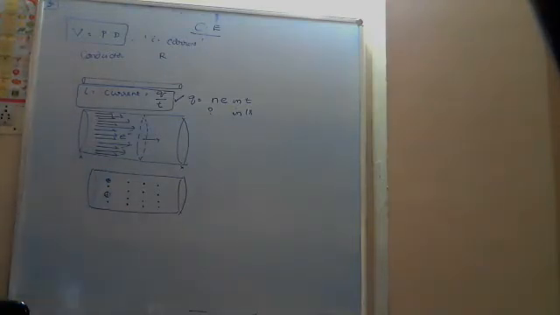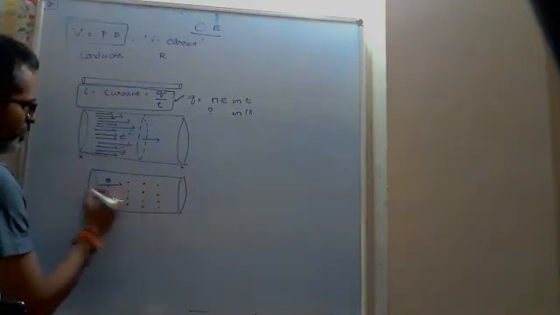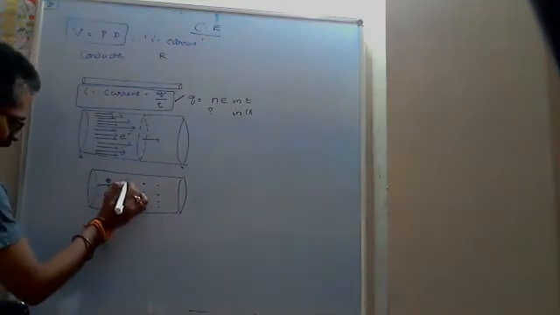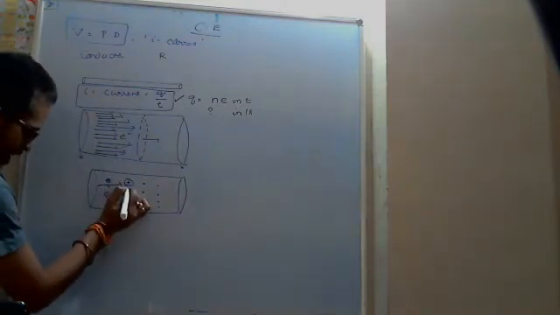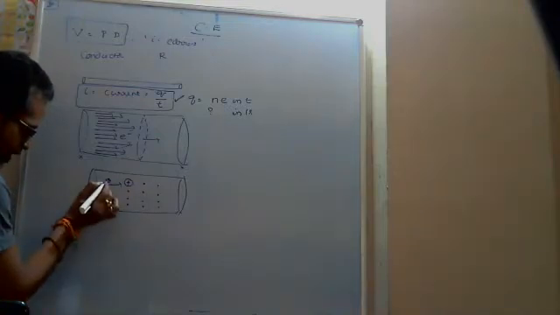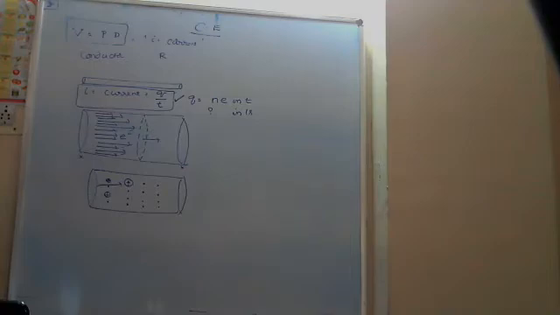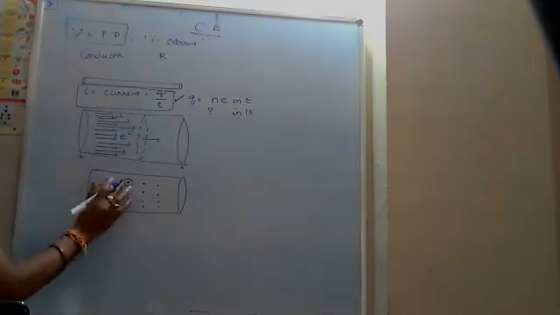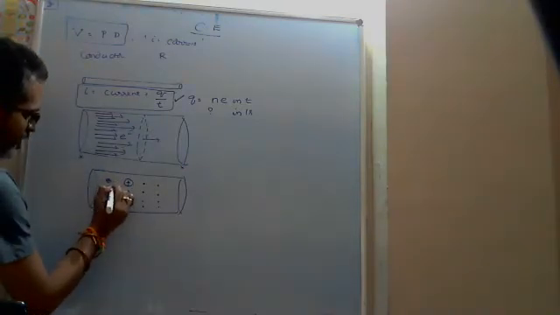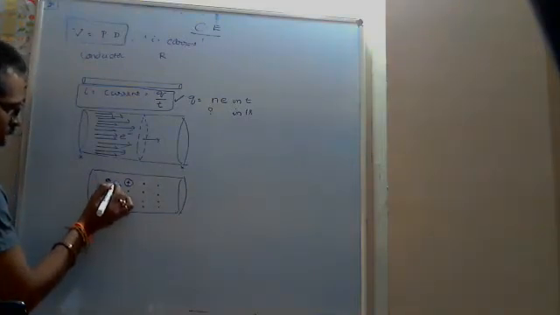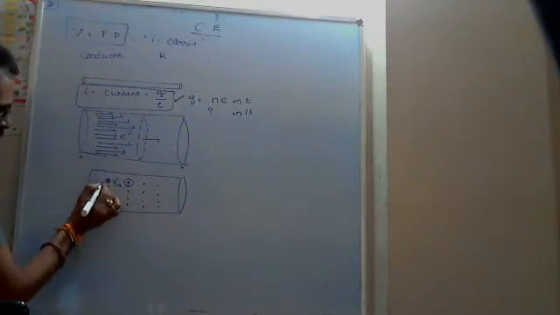So here, when one electron tries to move from here to there, a few ions try to attract the electron, and a few other ions try to decelerate the electron. Suppose one electron tries to move from here to there; the problem is this is also a positive ion and the crossing one is an electron, negative and positive, so some attraction will be there.